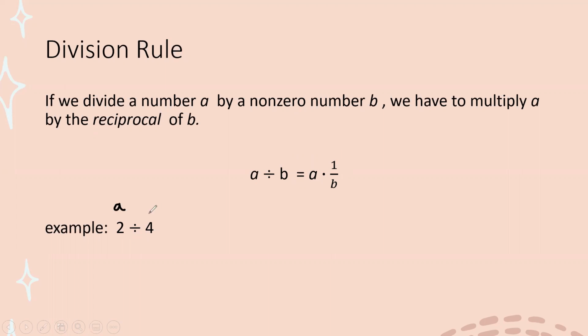I'm going to say 2 is A and B is 4. So when I use this division rule, I write 2 times 1 over 4. And now we multiply these two numbers together. And now we have essentially divided our fractions using multiplication. So let's go ahead and do some examples.